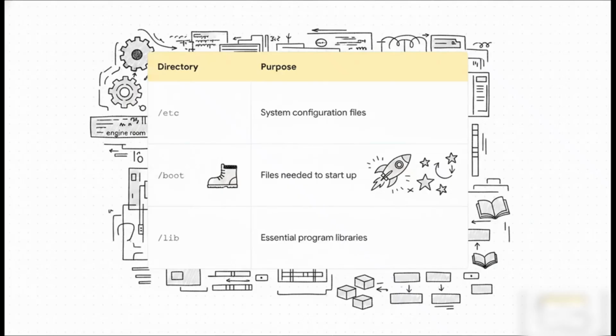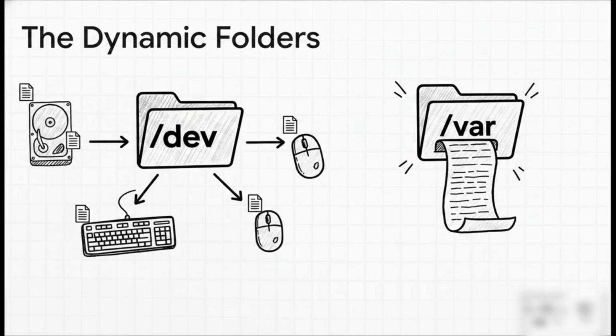All right, now for what I like to call the system's engine room. The /etc directory is where all the system-wide configuration files live. The /boot folder, that has all the critical files the computer needs just to start up, including the kernel itself. And /lib, that's where you find essential libraries, which are basically shared pieces of code that lots of different programs need to run. Next up are the folders that are always changing.